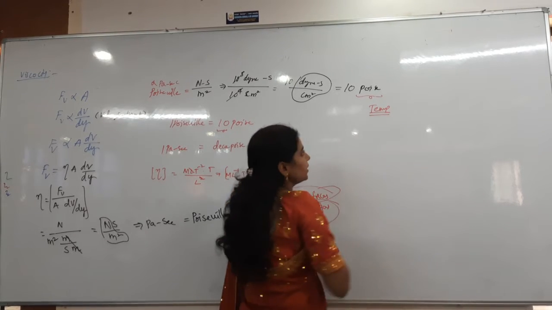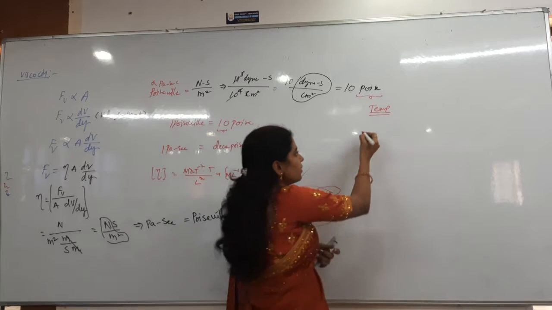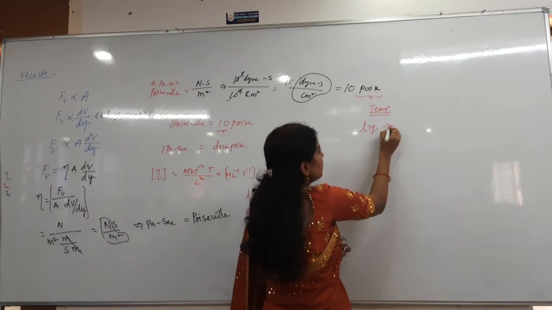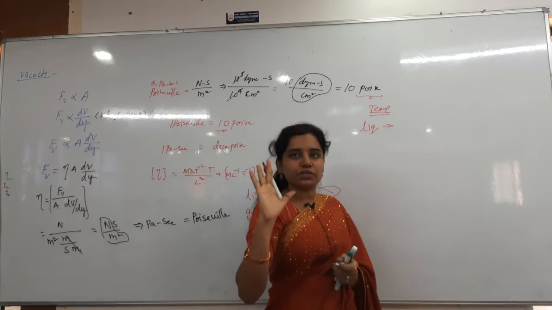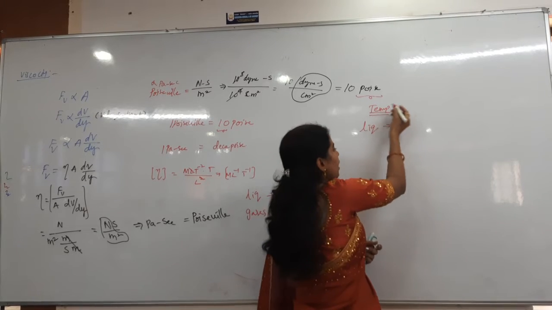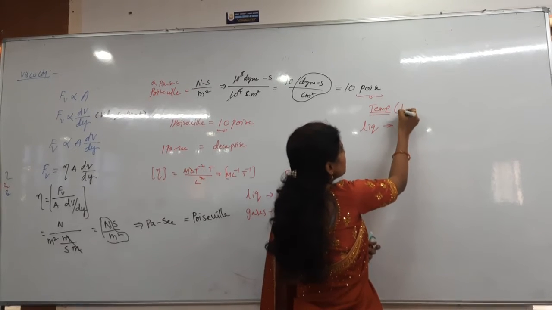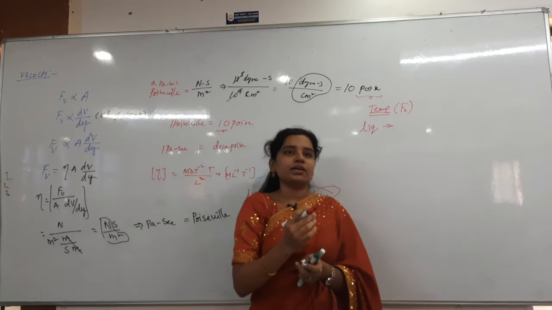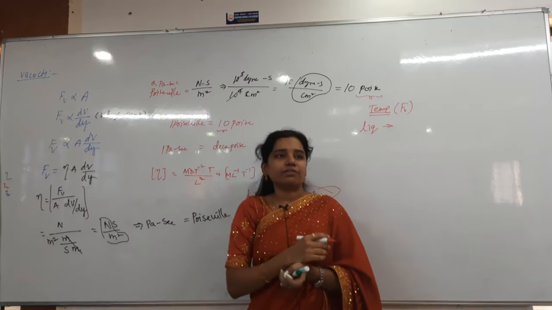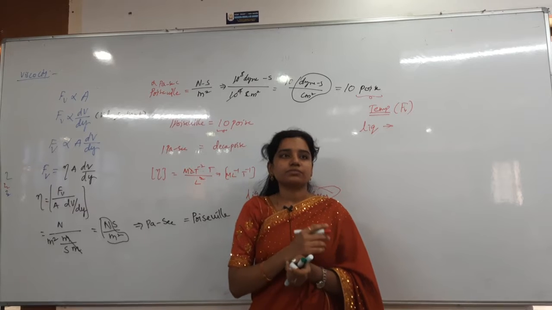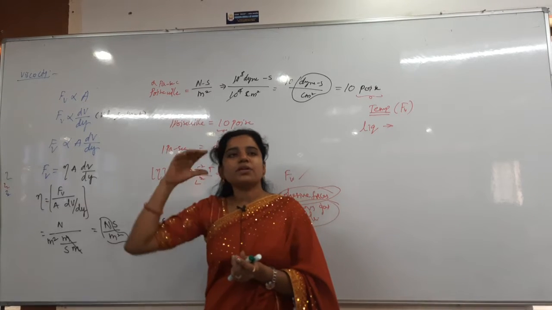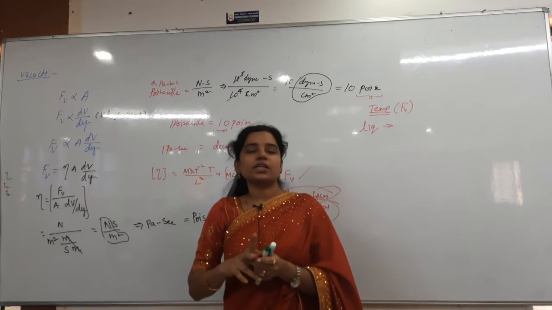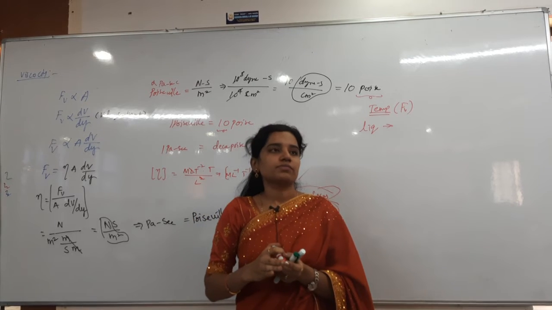For example, temperature: in case of liquids first of all we will discuss. You have to remember that the viscous force is due to the cohesive forces. Now how the viscous force depends on the temperature we will see. Whenever I raise the temperature of the liquid, what happens? Don't tell me about the viscosity directly, just tell me about the cohesive forces.